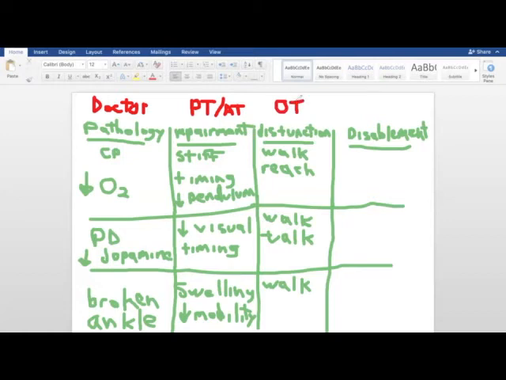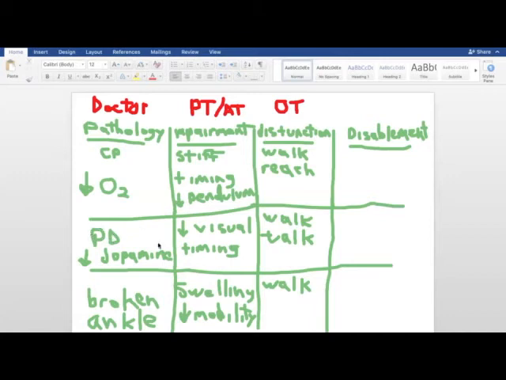And that occupational therapist isn't going to be working on range of motion and strength and flexibility. That occupational therapist might be working on helping them walk better, helping them reach to a shelf, or helping them get out of bed and bed transfers, all right? Same thing with somebody who's an occupational therapist with somebody who has PD.